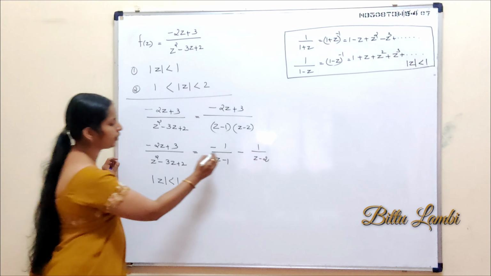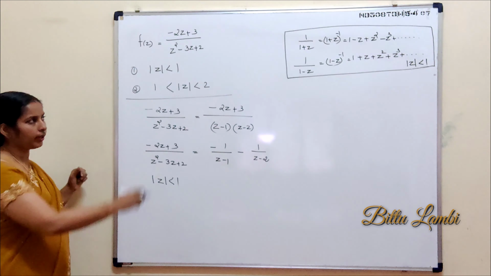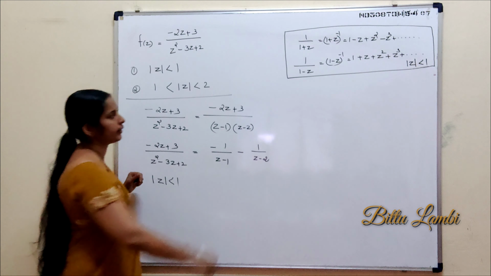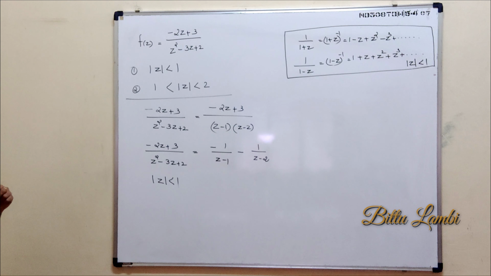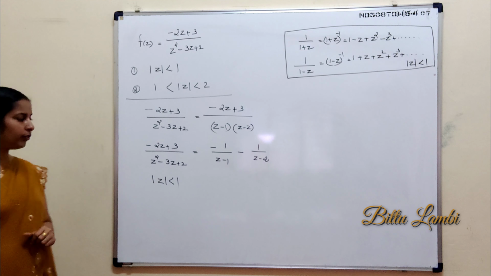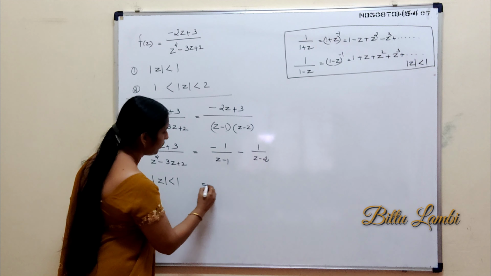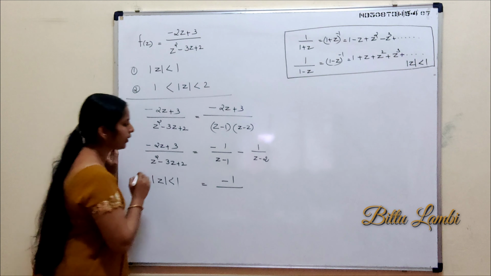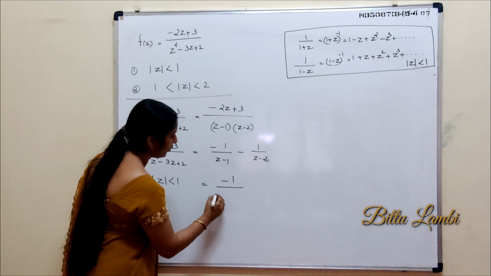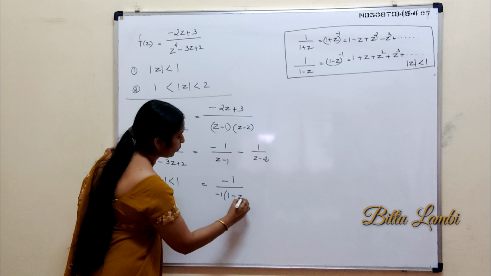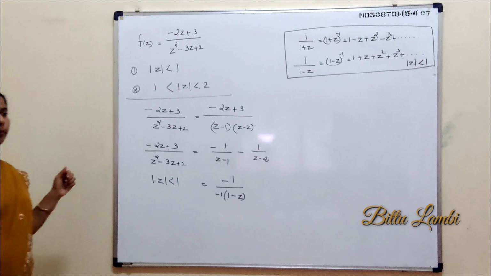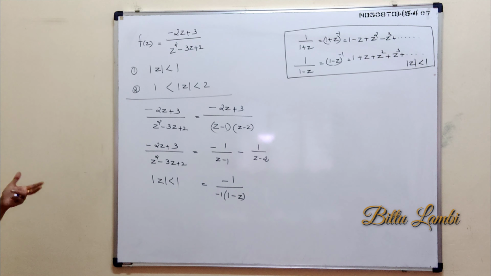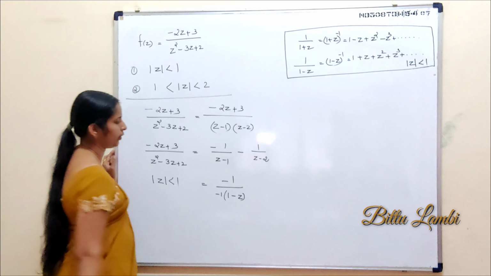Next, you rearrange these two terms suitable for applying our basic results in this region. For that, here mod z is less than 1. So in the denominator, you take minus 1 outside. It is 1 - z. Now 1/(1 - z) is ready for expansion because mod z is less than 1.